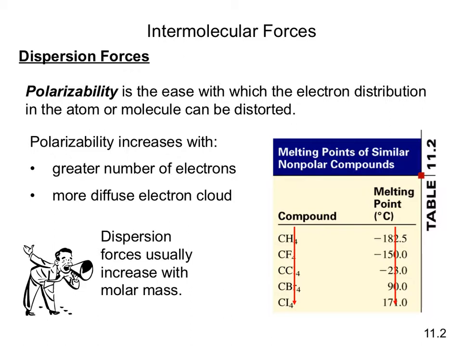So these are all in a column. Obviously CH4 isn't in the same column, but you can see there's a very clear trend where melting point increases with mass, which is because things that are more massive get held together a little bit more tightly. They're a little harder to separate.